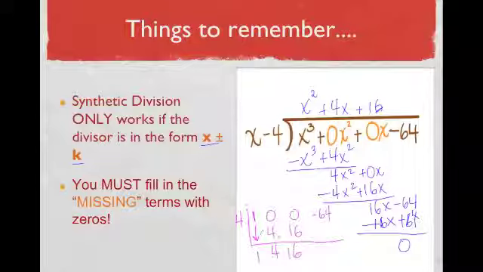Add. 4 times 16 is 64 and 0. I started out with an x cubed, so I drop it down 1, so it would be x squared plus 4x plus 16, which is exactly the same answer that I got using long division.